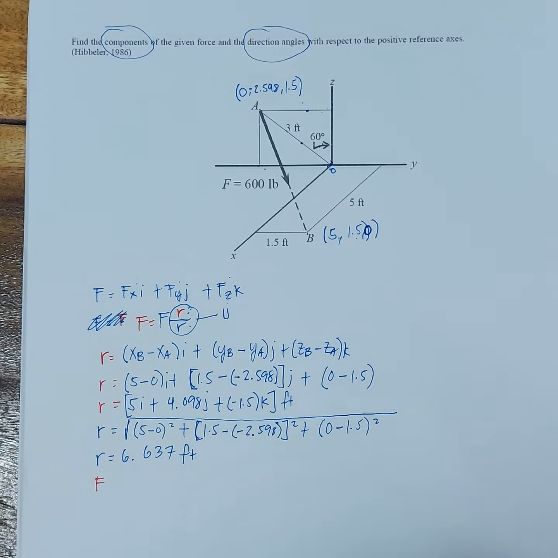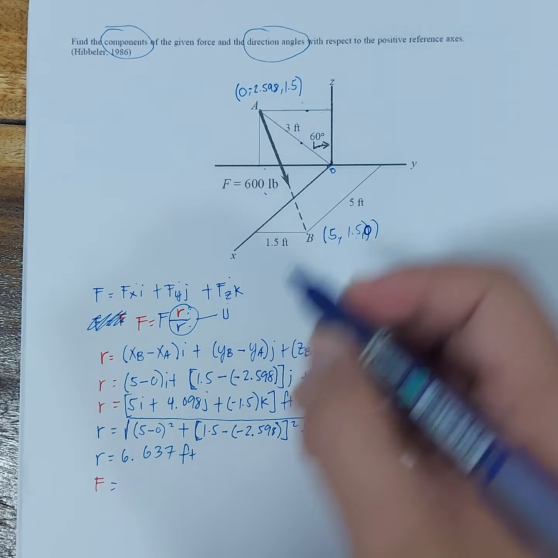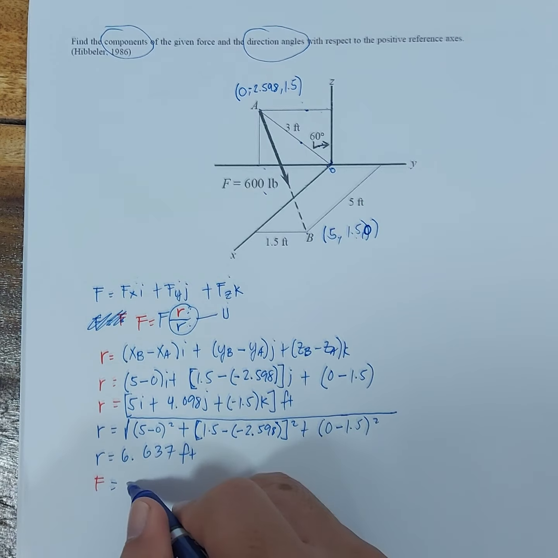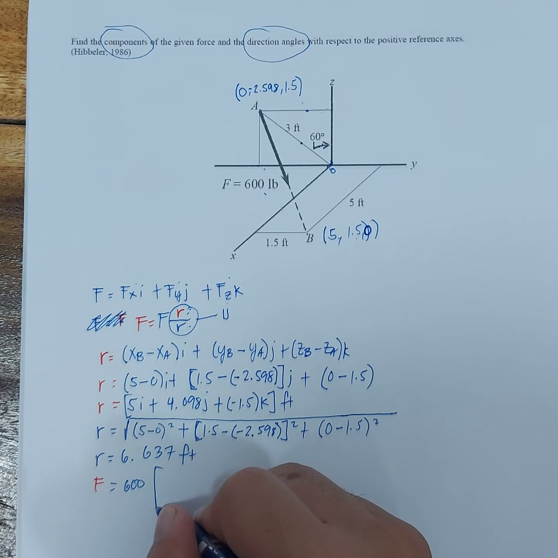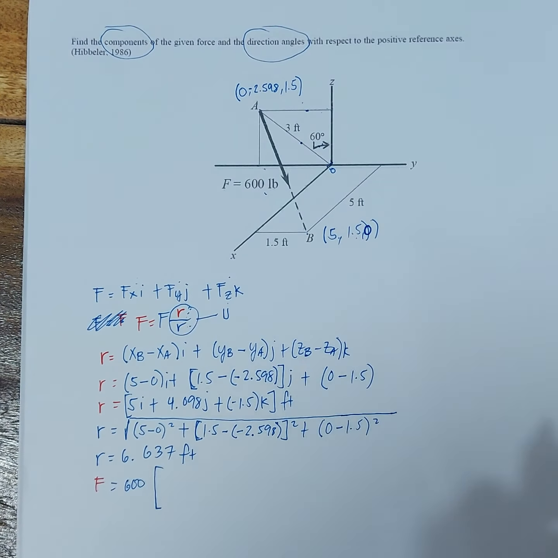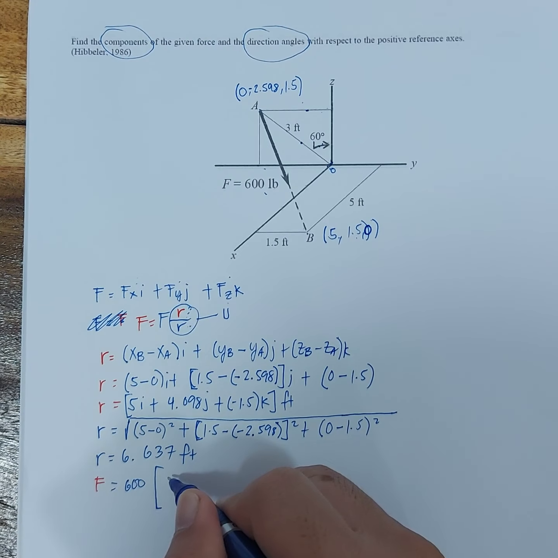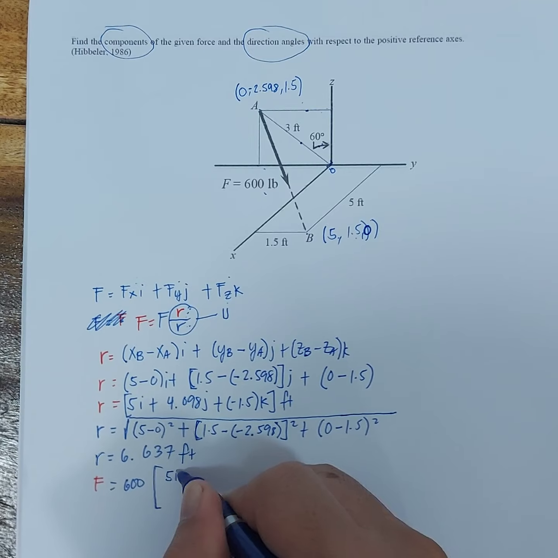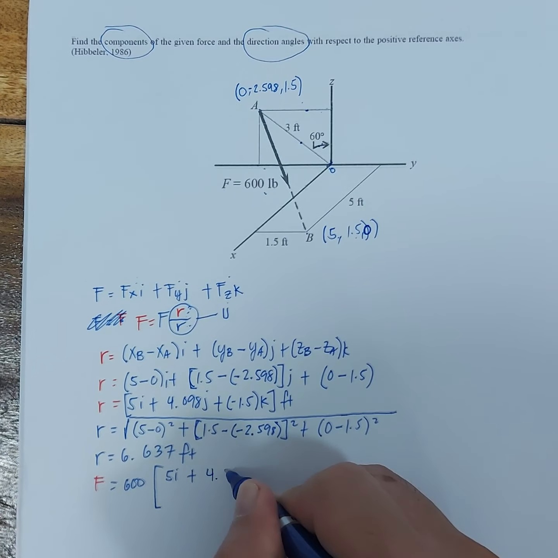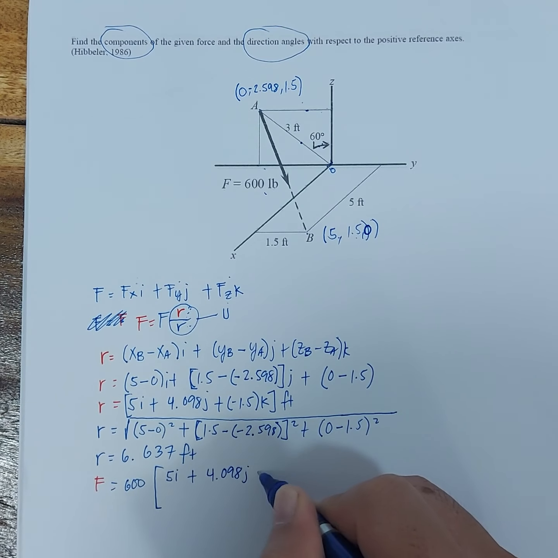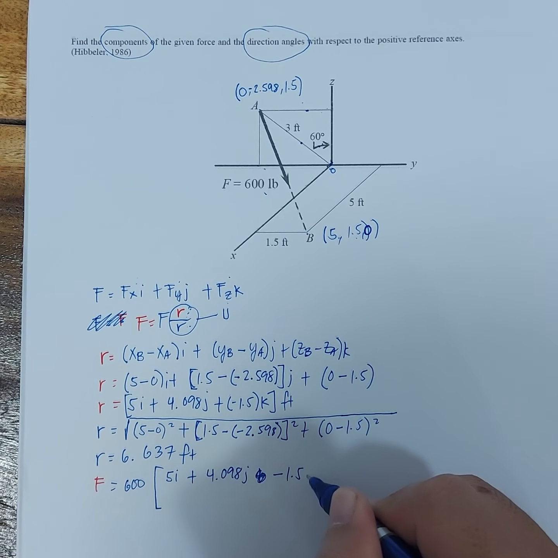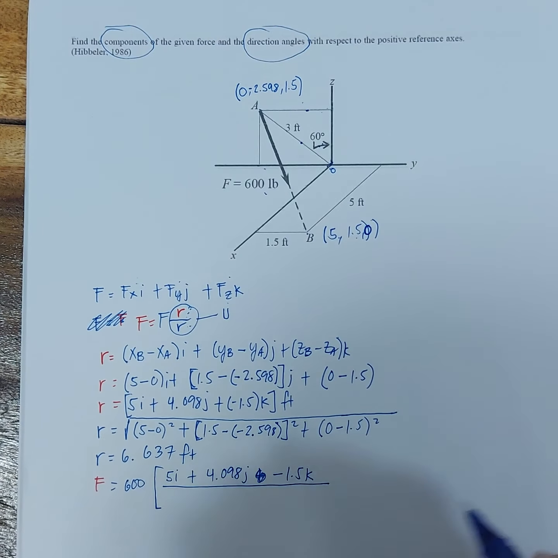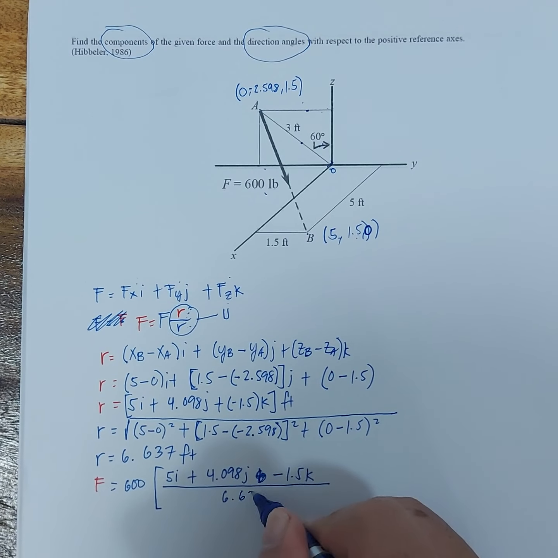So F then, our F in Cartesian vector form is equal to F, which is 600, times our r, which is 5i plus 4.098j plus, r should be minus 1.5k, divided by 6.637.